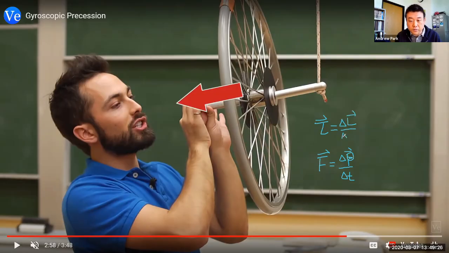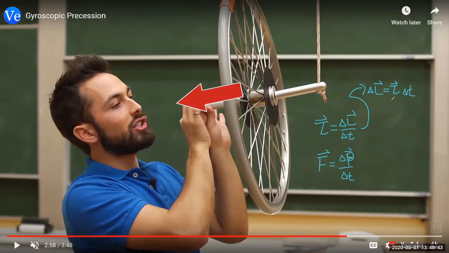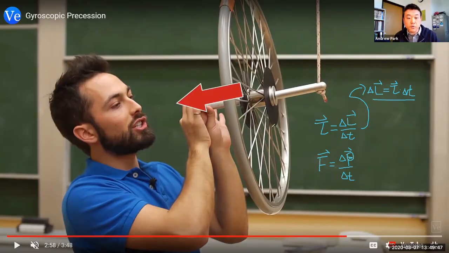Another way to express this is to say that the change in angular momentum over some amount of time is given by the torque, as a vector quantity, times the duration of time. So the torque due to gravity results in a change in angular momentum, coming out of the board.